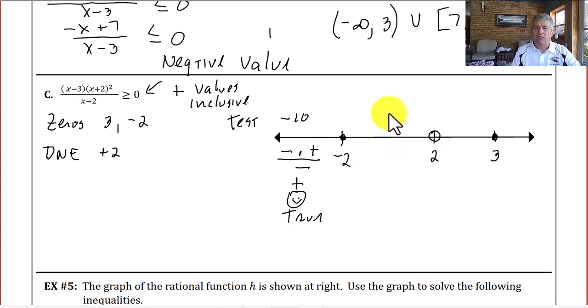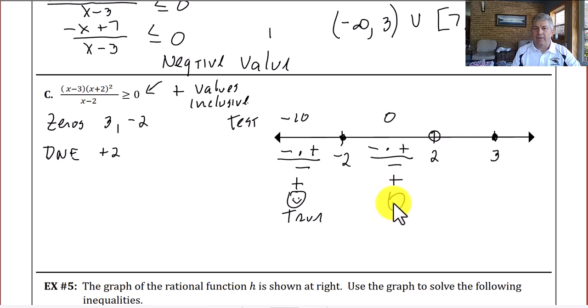Between -2 and 2, I think it's easiest to test 0. And when we test 0, we get a negative times a positive. In fact, (x + 2) squared is always going to be positive. All over x - 2 or -2, that is going to be a negative. So that also is going to be a positive region.